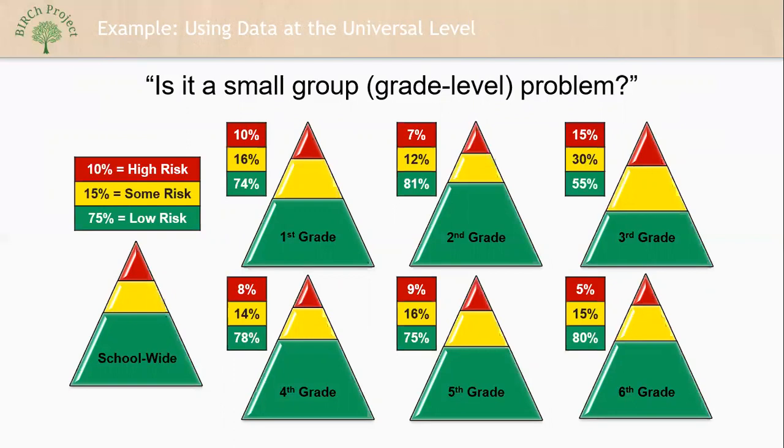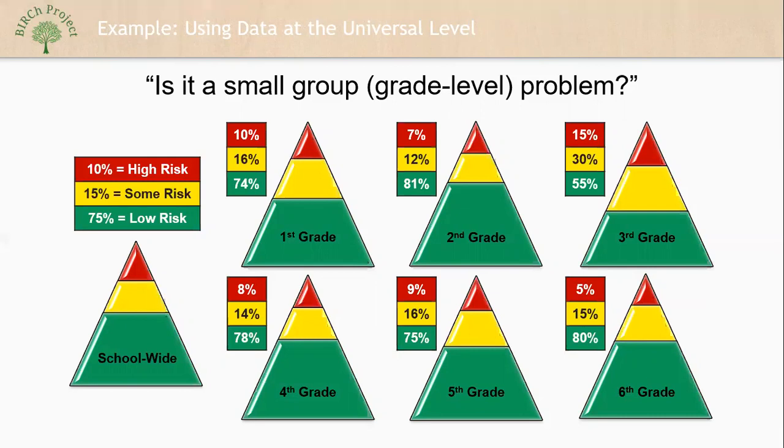You can see in this example that many of the grade levels have similar percentages of students in the some risk and high risk categories. So these reflect levels that are similar to the overall school-wide data. However, with grade 3, you can see that we have many more students, a higher percentage of students in both the some risk category and the high risk level.